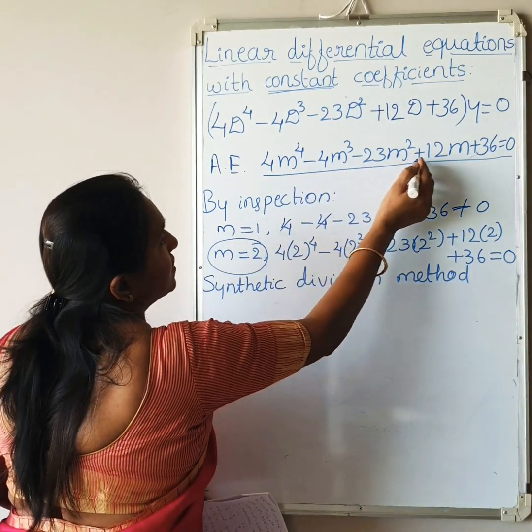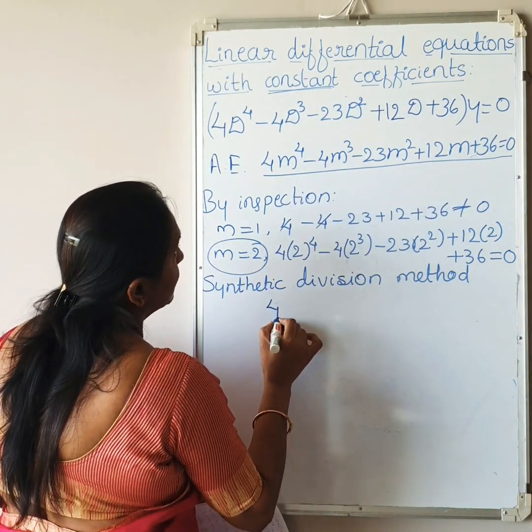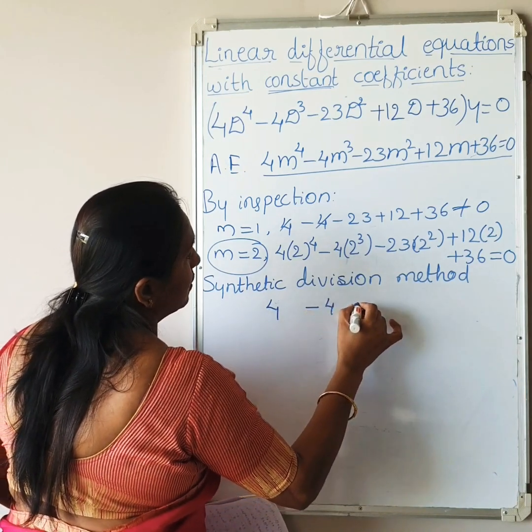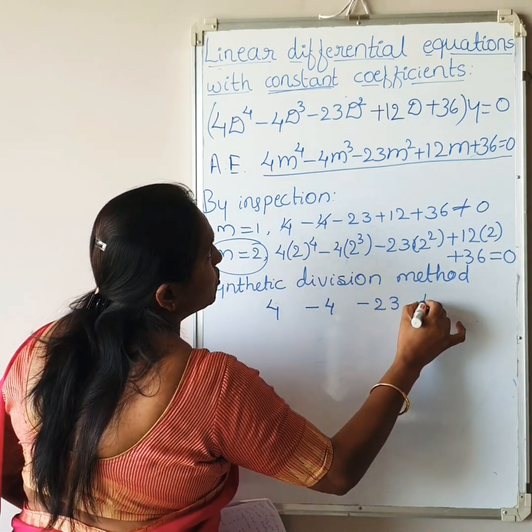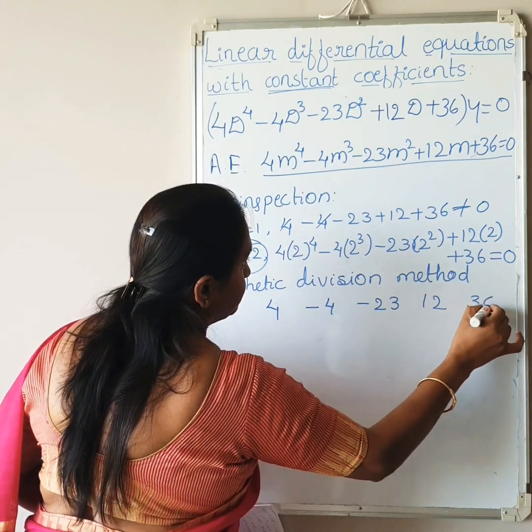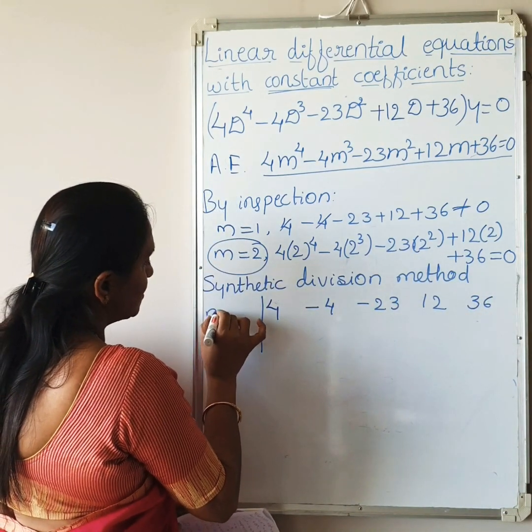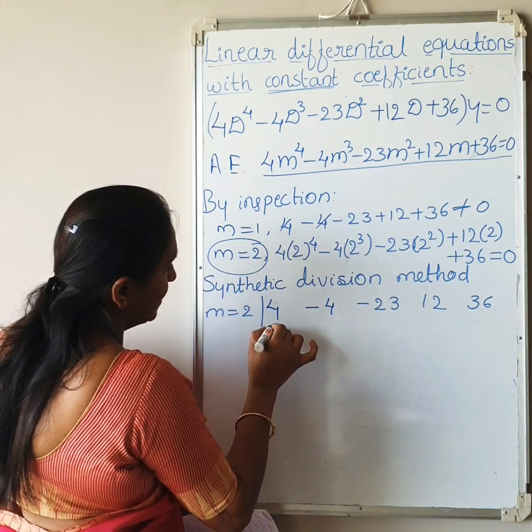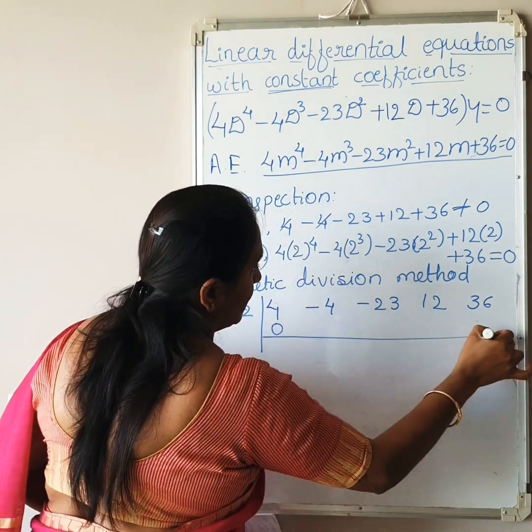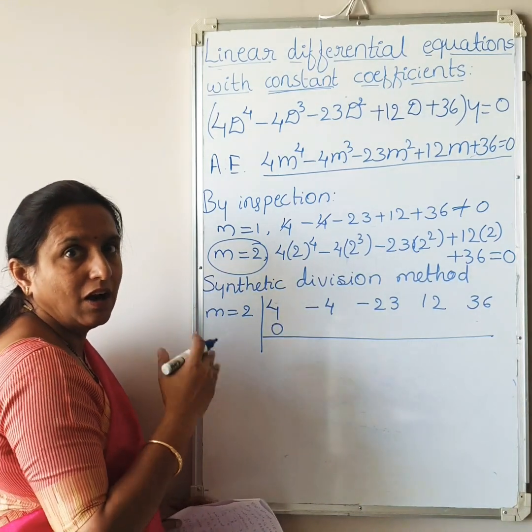Here all the coefficients are there. Directly we will take 4, minus 4, minus 23, 12, 36. By inspection, the first root is 2. So take m is equal to 2 and here 0. This is the rule. You have to apply the same rule for all the problems.